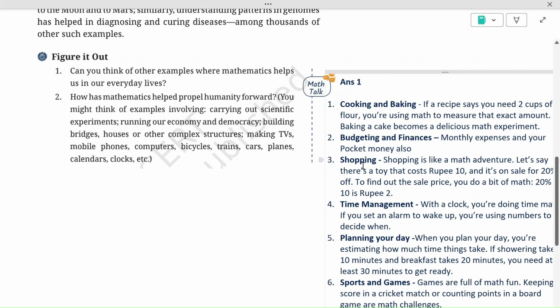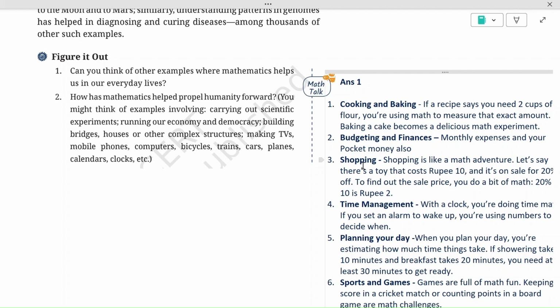Next one is shopping. So shopping is also like a math adventure. It also involves a lot of mathematics. As we have already studied selling price, cost price, profit, loss, everything in grade 5, that is also included in mathematics, and a part of it is there in shopping.